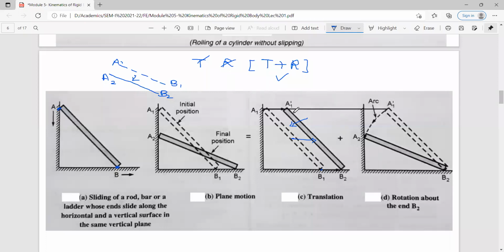I hope you understood the different types of motions: translation, rotation, and general plane motion. Now you can differentiate between them. Have you understood? Yes, sir.